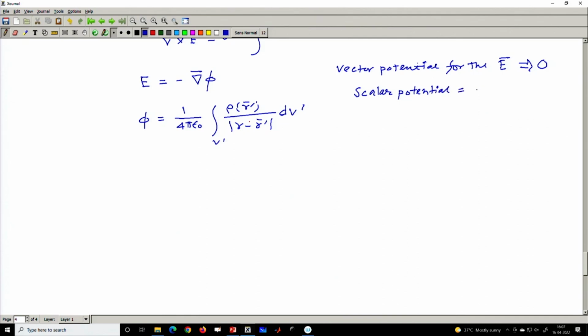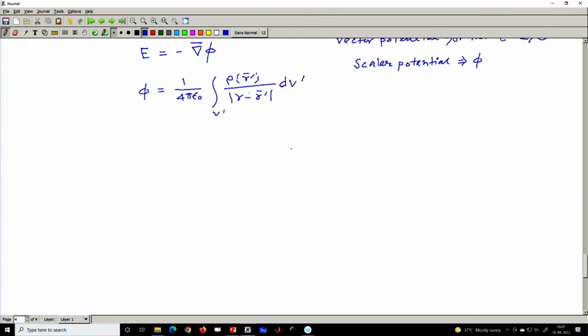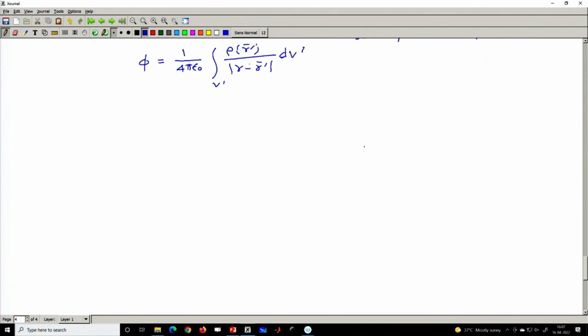And the scalar potential is defined by phi, which is this quantity. Okay, from Coulomb's law we try to understand this. From Coulomb's law I can write it. So, from Coulomb's law today we are going to understand the expression of the scalar potential.